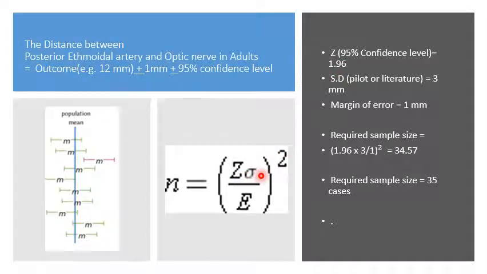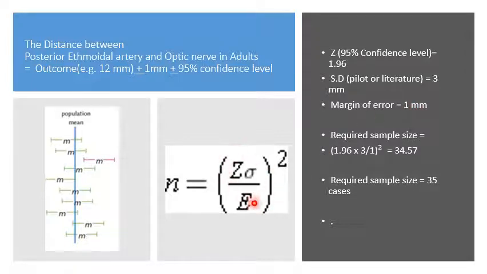The standard deviation of the measurement between the posterior ethmoidal artery and the optic nerve from previous studies or from a pilot study should be about 3 millimeters, so that would be plugged in here. And the margin of error that we have chosen, because we want to be very precise, would be 1 millimeter, and that would go here.